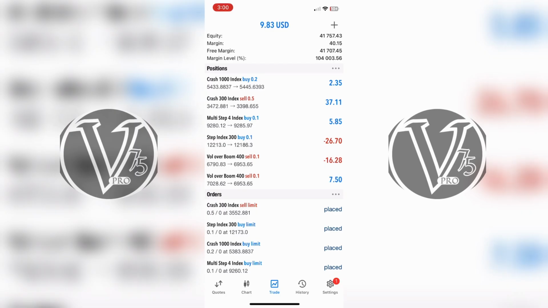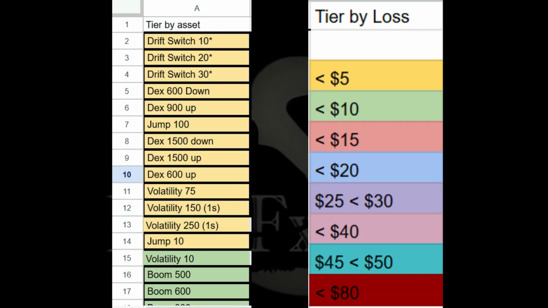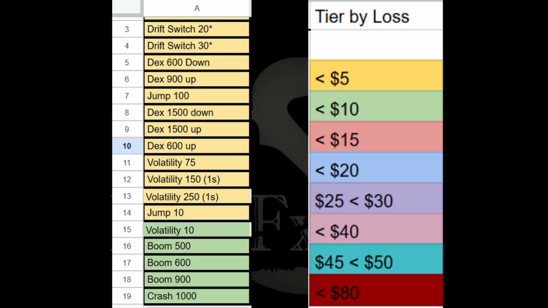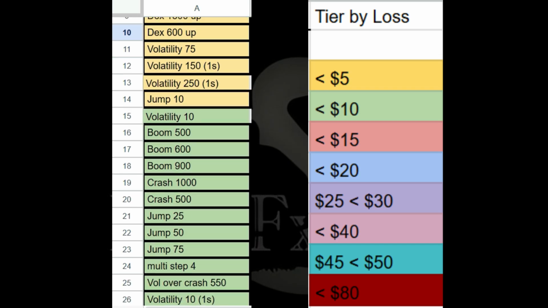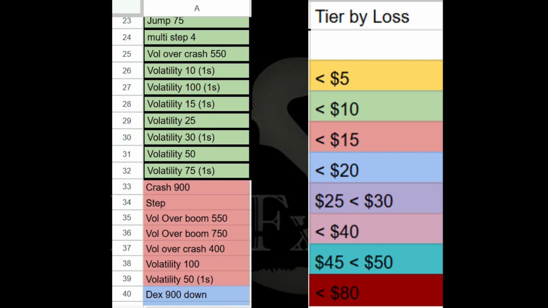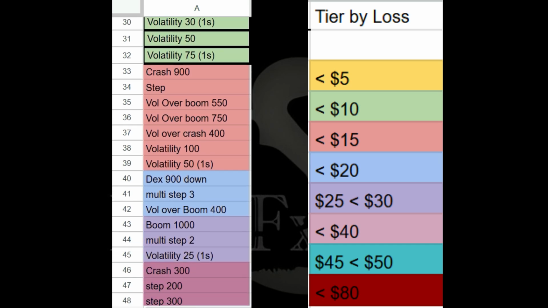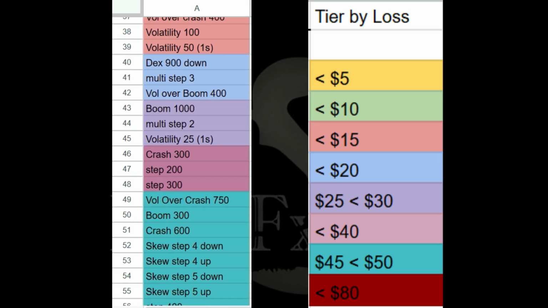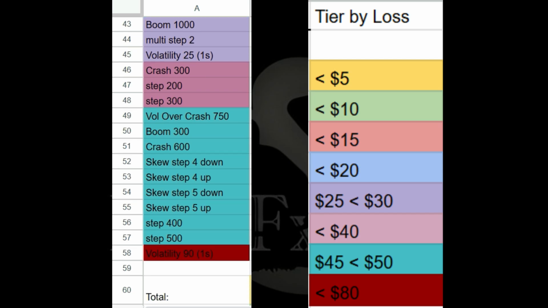While on that note, of the 59 assets that the software trades, using the smallest applicable lot size, 6 of those assets have a stop loss dollar amount that is less than $10.